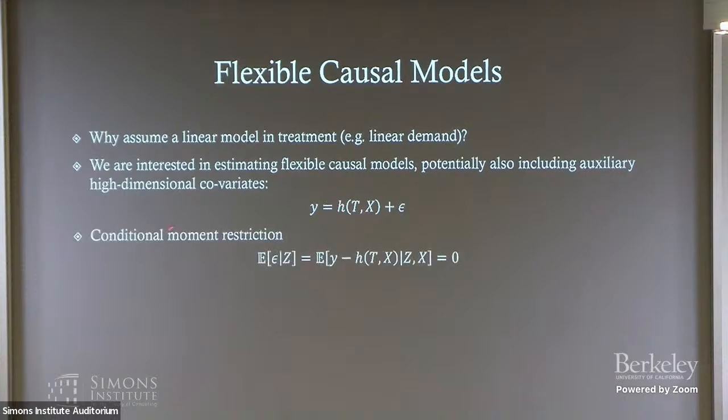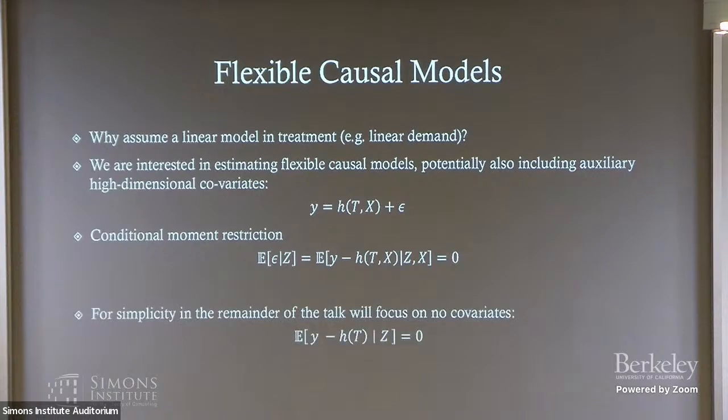And the main restriction we're going to assume from our data is that this error is independent of the instrument and means zero, which is going to lead to a similar set of conditional moment restrictions that our model H has to satisfy. And for simplicity, let me drop the x's in the remainder of the talk. You can add them back in easily by viewing T and X as a new treatment and Z and X as a new instrument.